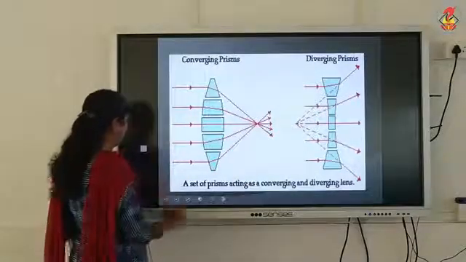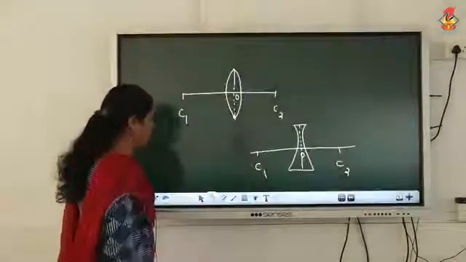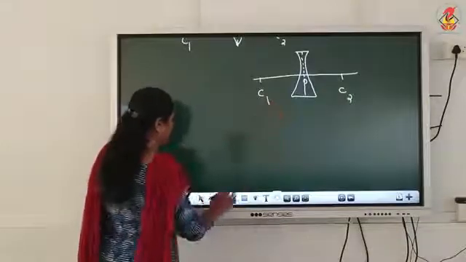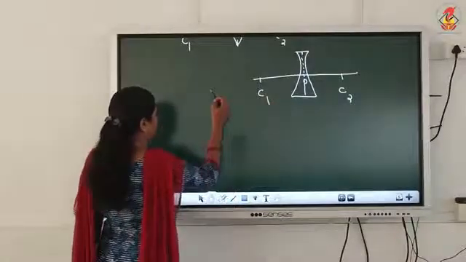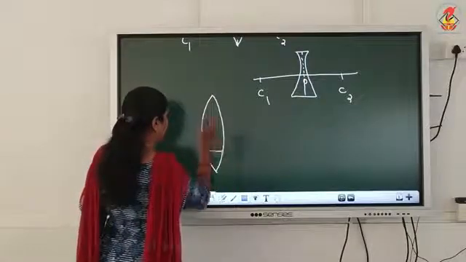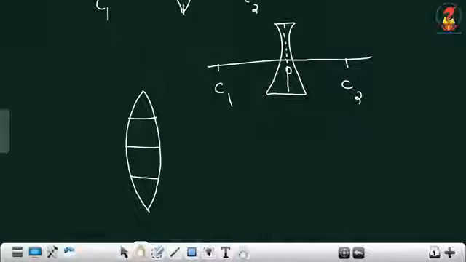When light passes through a triangular prism, normally it bends towards the base of the prism. I will draw a lens like this, divided like this. This one is the optic center. It will not suffer any deviation because the angle here is 90 degrees.